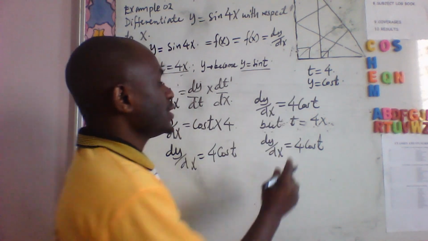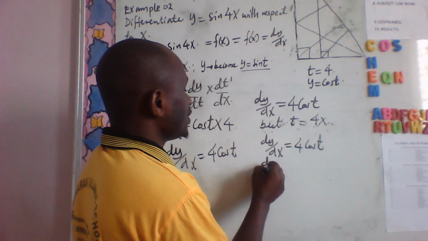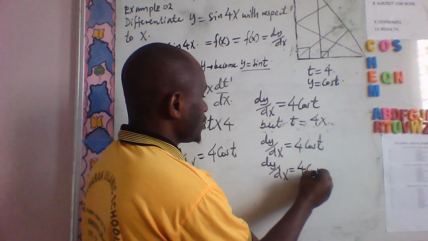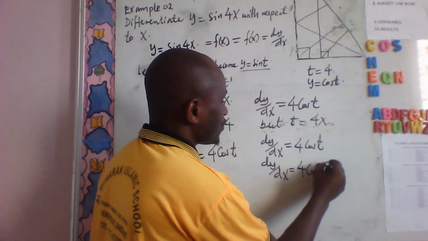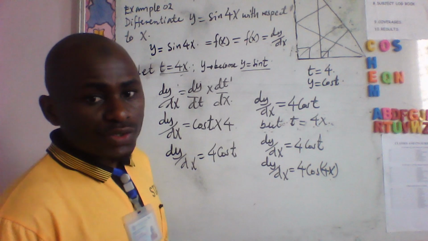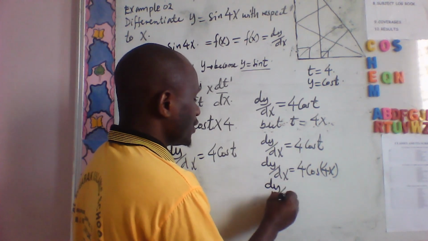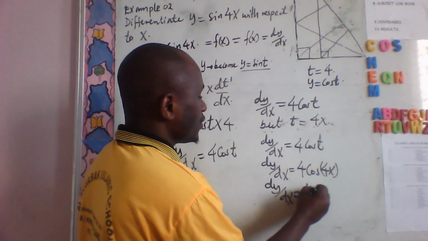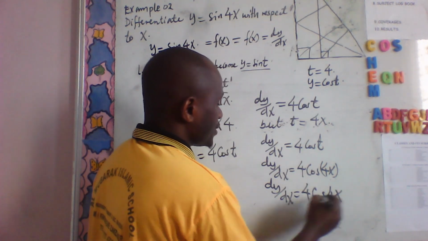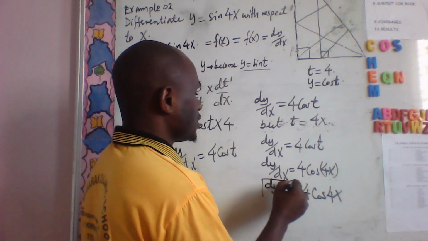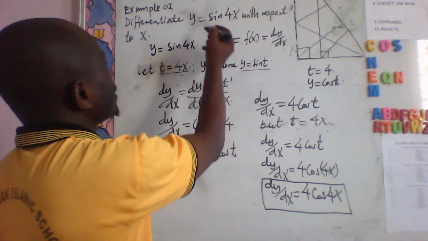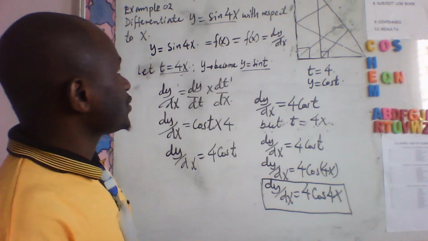Here we substitute that value, placing the value of t, which is 4x. So dy over dx is equal to 4 cos 4x, and this is the result. This is the value of differentiating y is equal to sine 4x.